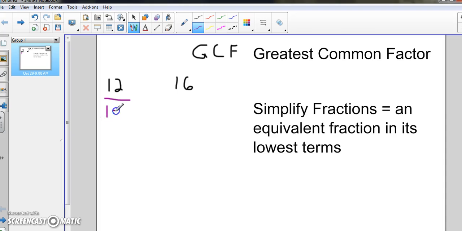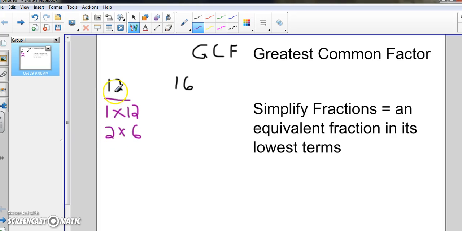Okay, so what numbers multiply together to get 12? Well, 1 times 12. 1 and the number are always factors. Then I think, can a 2 multiply to get it? Anytime a number is even, a 2 is always a factor. So you have 2 times 6.